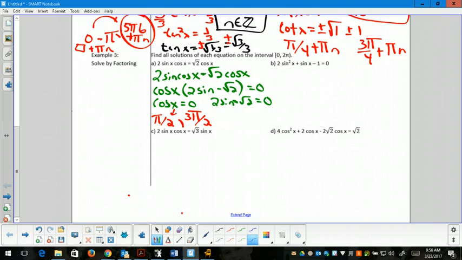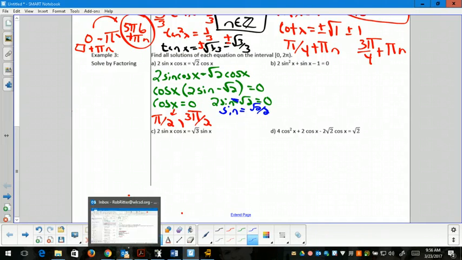All right, on this one's factorable. If you're like, I don't see it, then you can change sine to a variable like y, 2y squared plus y minus 1. Oh, I didn't finish it. Sorry, thanks. Add square root of 2, divide by 2. You have sine equals square root of 2 over 2. Because this was a minus sign, I added the square root to the other side, and then I divided by 2.